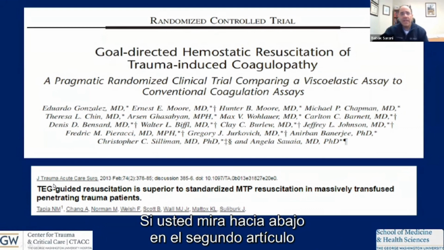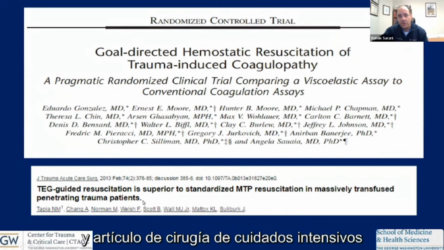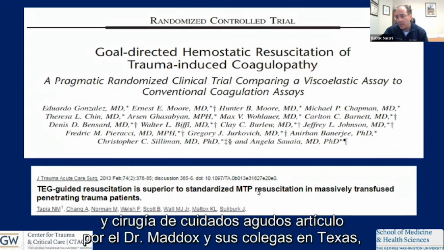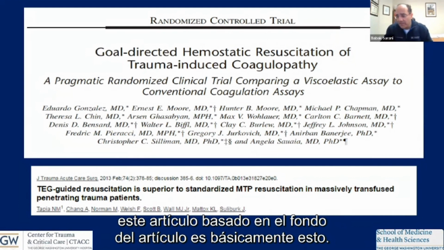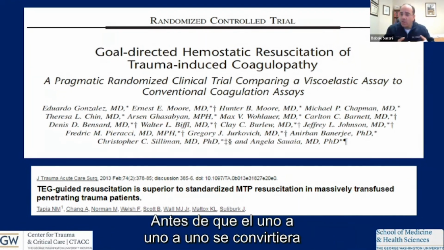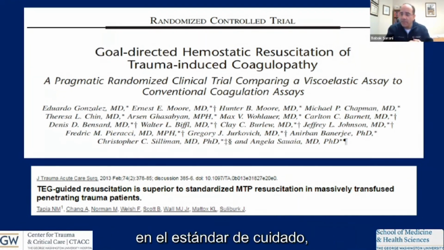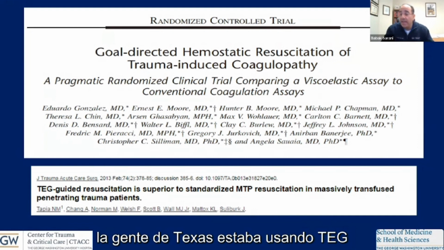If you look down at this second article, which I really enjoy, this Journal of Trauma and Acute Care Surgery article by Dr. Maddox and his colleagues down in Texas. The background to the article is basically this. Before 1-to-1-to-1 became the standard of care, the people at Texas were using TEG.